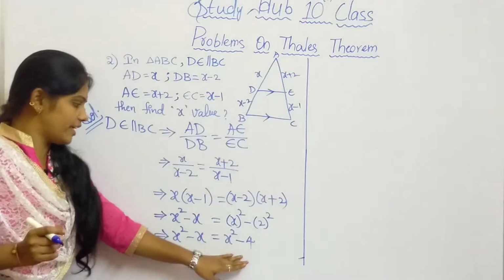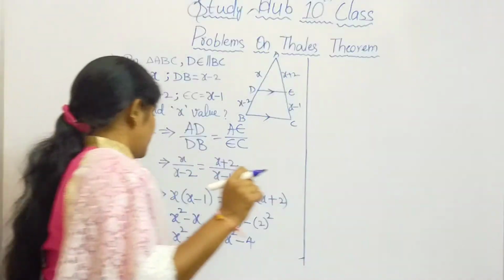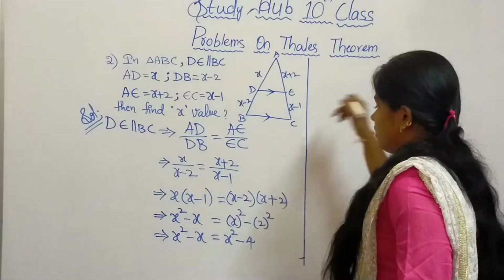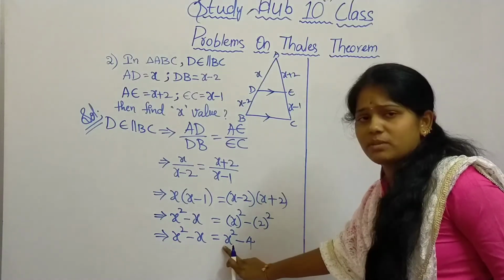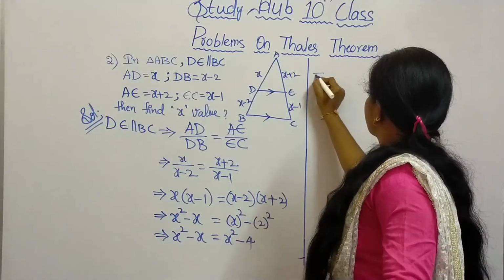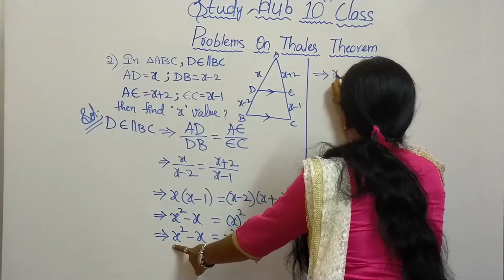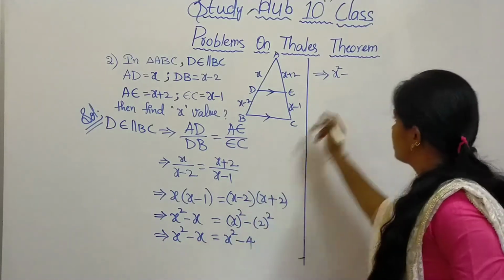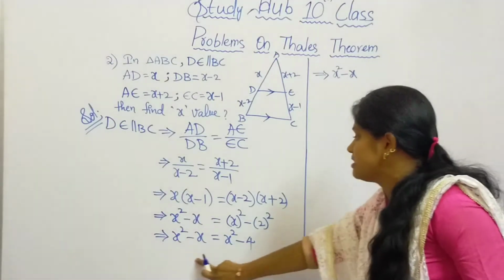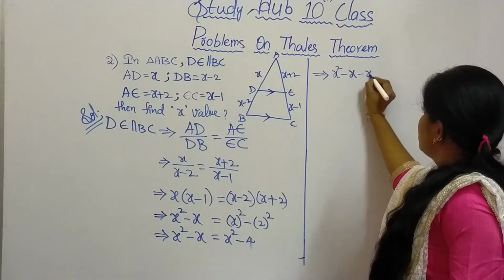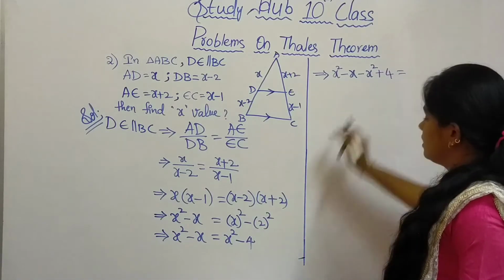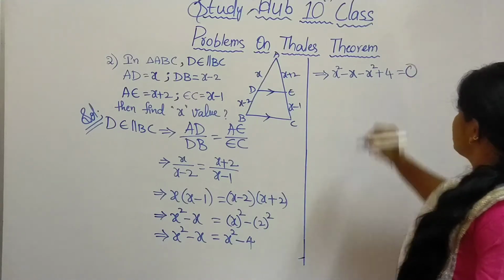Now for finding the value of x, let us write all the terms together, meaning all the RHS terms will be transposed to the LHS. When we are transposing, positive terms become negative and negative terms become positive. That we have to remember. So x square minus x, and in the RHS x square is a positive term, so when we transpose it to the LHS it becomes negative, and minus 4 becomes plus 4. In the RHS nothing remains, so we write 0.